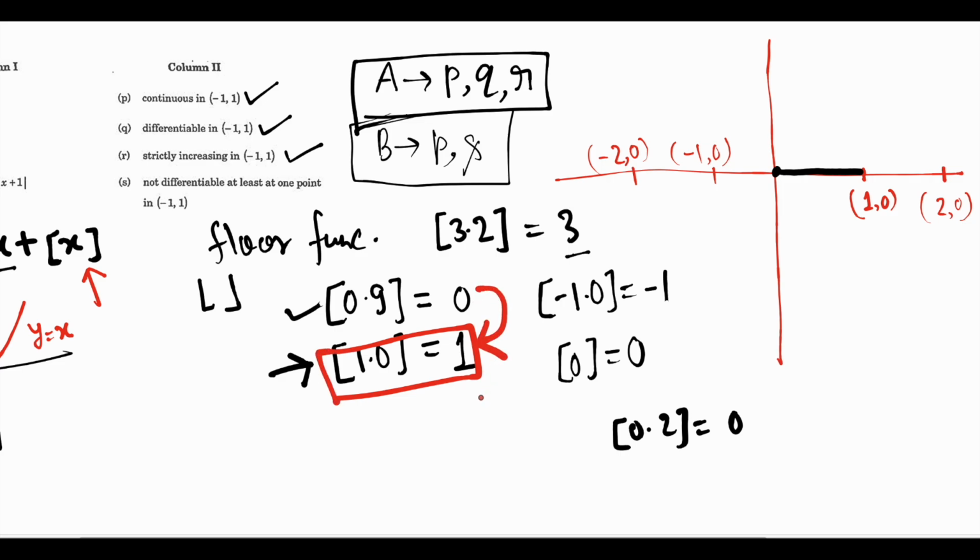We will have to jump, because the function value will increase from 0 to 1 suddenly as soon as we apply the floor function on 1.